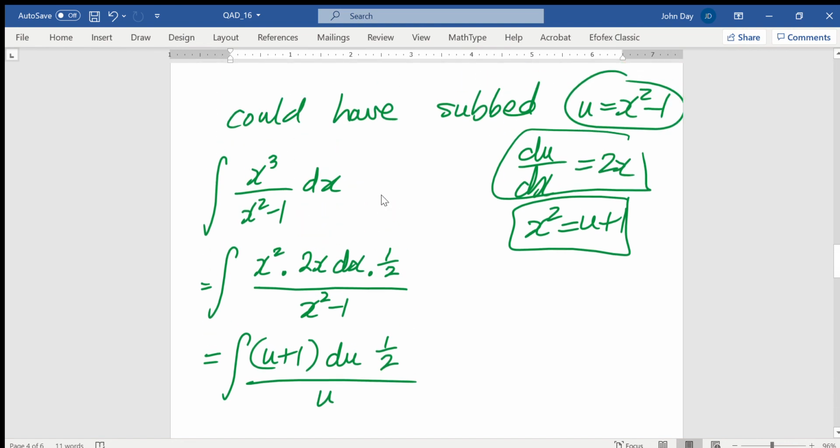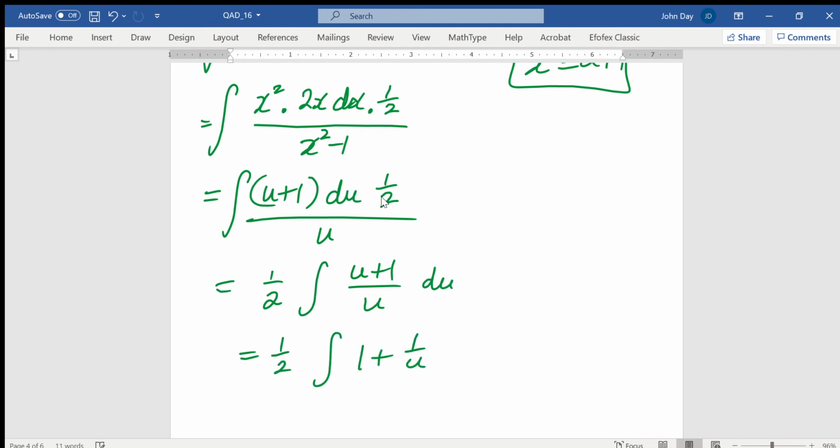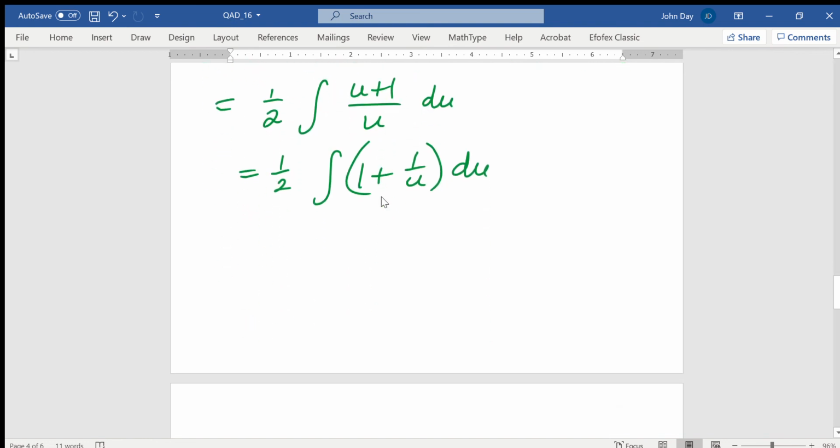So that's half the integral of (u plus 1) on u du, which is a half the integral of 1 plus 1 on u du, which is a half of u plus natural log of u, plus c.